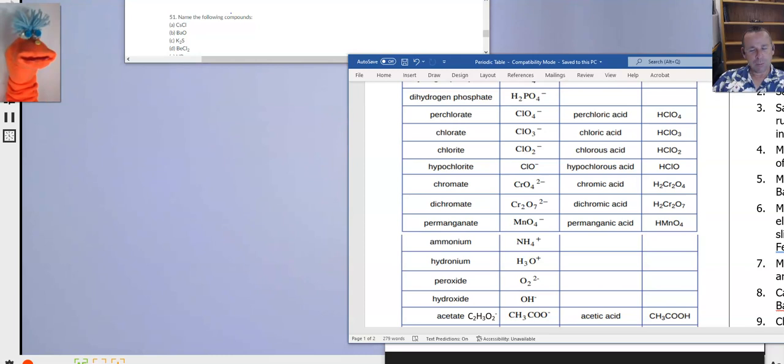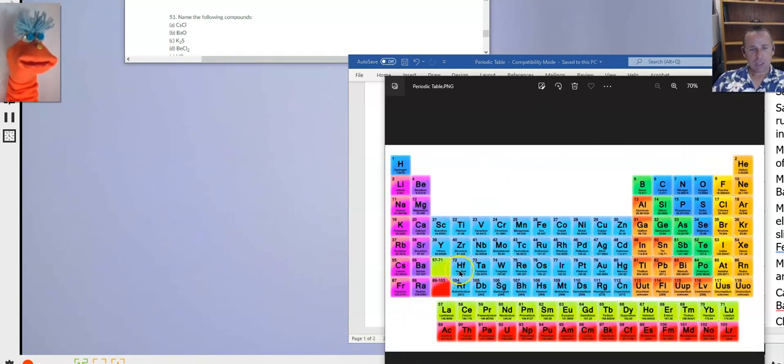So for ionic compounds, the way that we name them is we name the 2 ions, right? And if the ionic compound contains a metal that can have multiple charge states, like the transition metals here, or the inner transition metals, or even some of these metals down here.